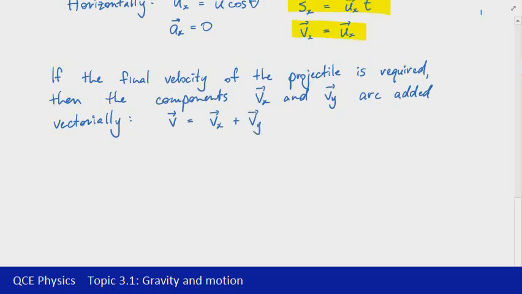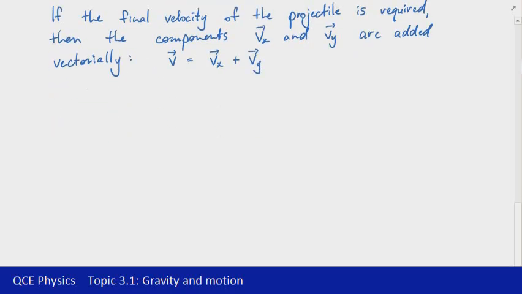Now if we consider what that would look like graphically, so again, if we have this projectile that's now moving this way after it's travelled through the air for some distance, that would be our final vector v. We would then have to consider the fact that there would be a horizontal component in that direction and a vertical component in that direction, so that's Vy and that's Vx, and there would be an angle in here as well. We'll call that one phi, just to keep it separate from the initial.